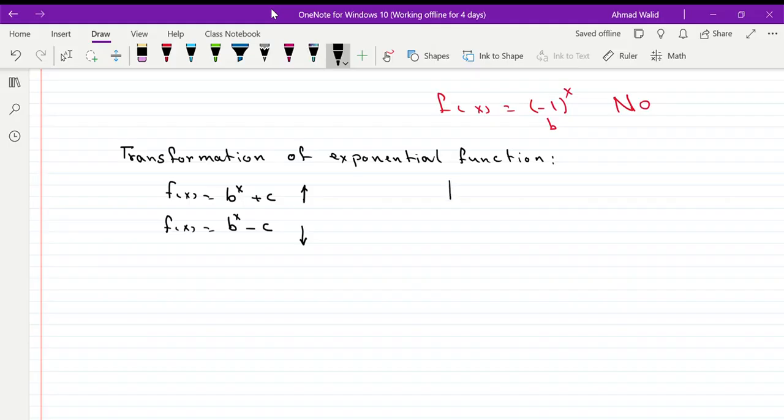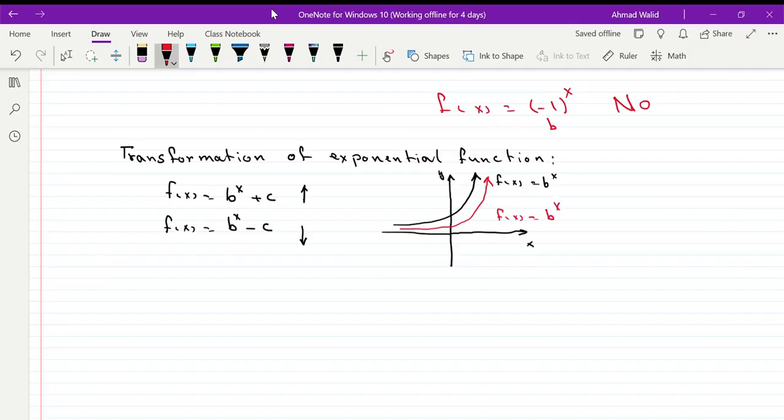If I show you in a graph, two graphs, the transformation, for example, if this is the graph of f of x equals b to the power of x, if you have this graph, it will be the graph of f of x equals b to the power of x minus c.